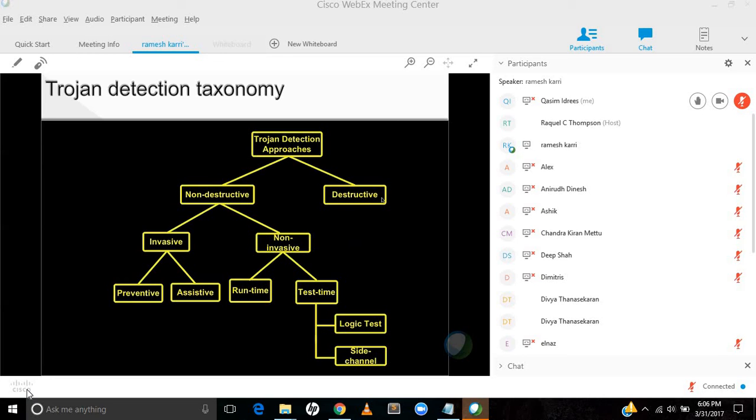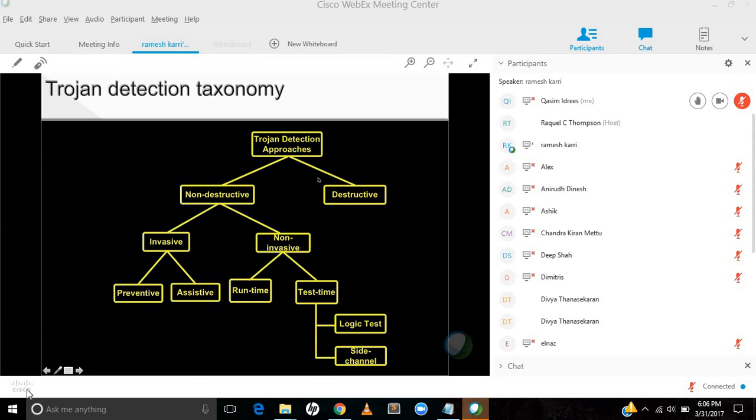Because Trojans need not be inserted in all batches of chips, you've got to do some random sampling, or if you are much more aggressive, do it on every chip. And destructive is not a good idea, because once you destroy the chip, once you eat the cookie, even if it is good, there's nothing to sell.